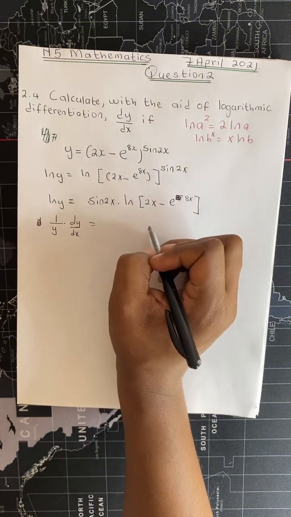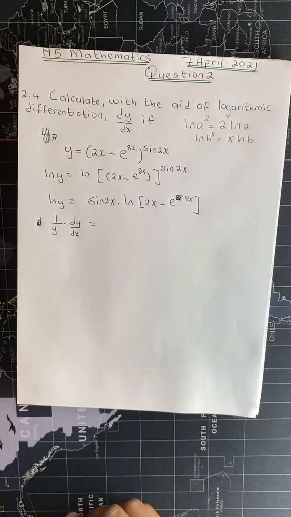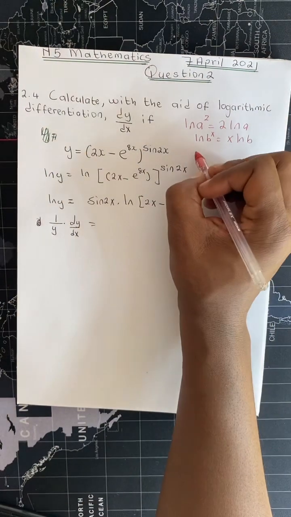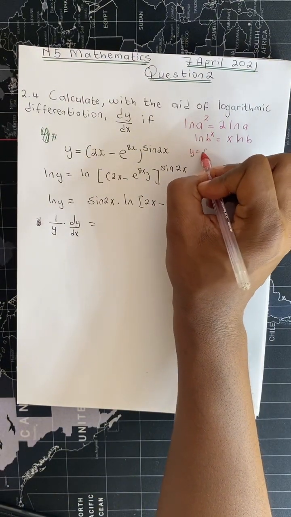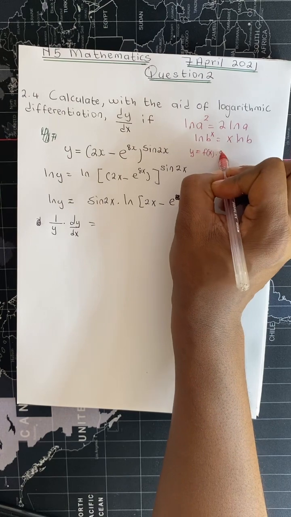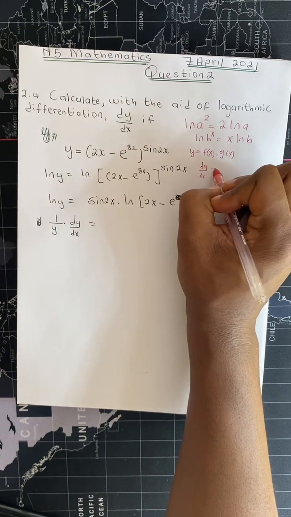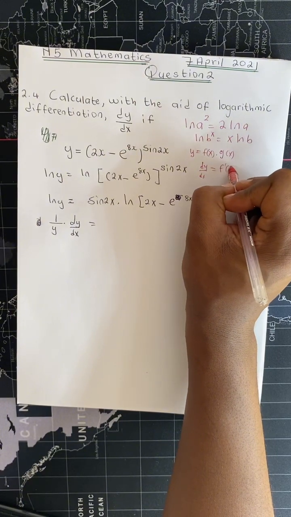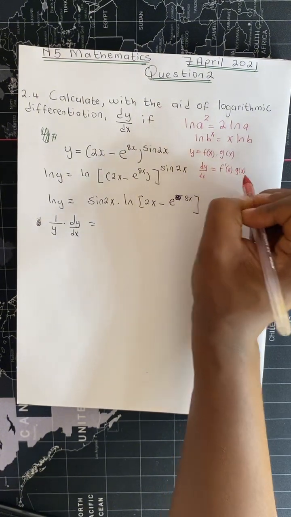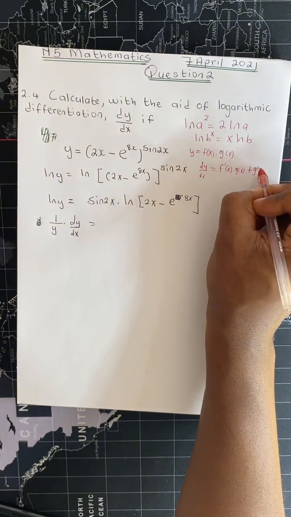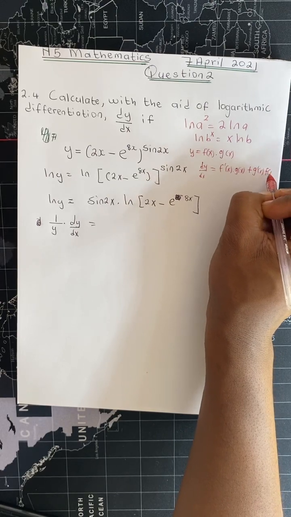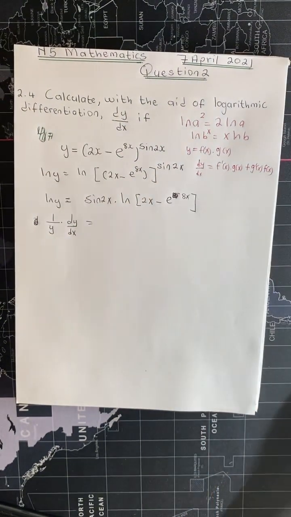So to differentiate this side, we have to use the product rule. With the product rule, if y is equal to f of x multiplied by g of x, the derivative of y with respect to x is equal to the derivative of f of x multiplied by g of x plus the derivative of g of x multiplied by f of x.